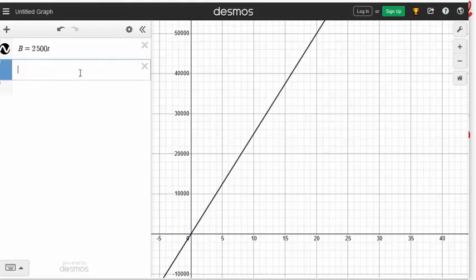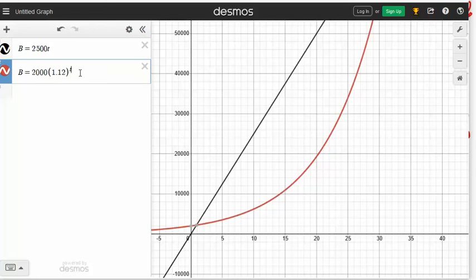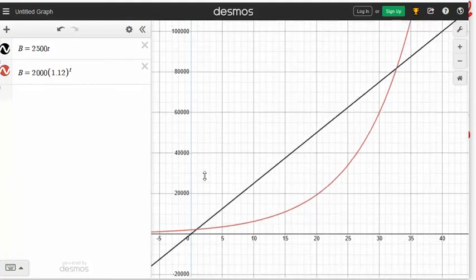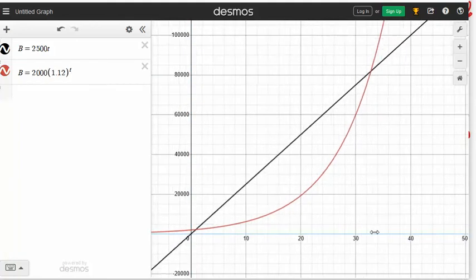Okay, there we go. Now let's put in our balance for option 2, which is, we started with $2,000 and we're multiplying by 1.12 to the power of T. All right, so if we look at this graph, I can't really see where they're crossing up here, so I'm going to pull that down and see what's happening.